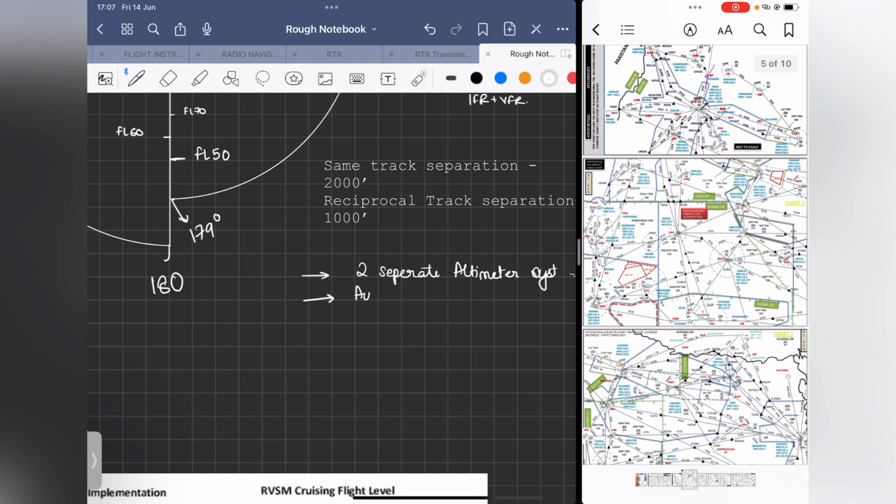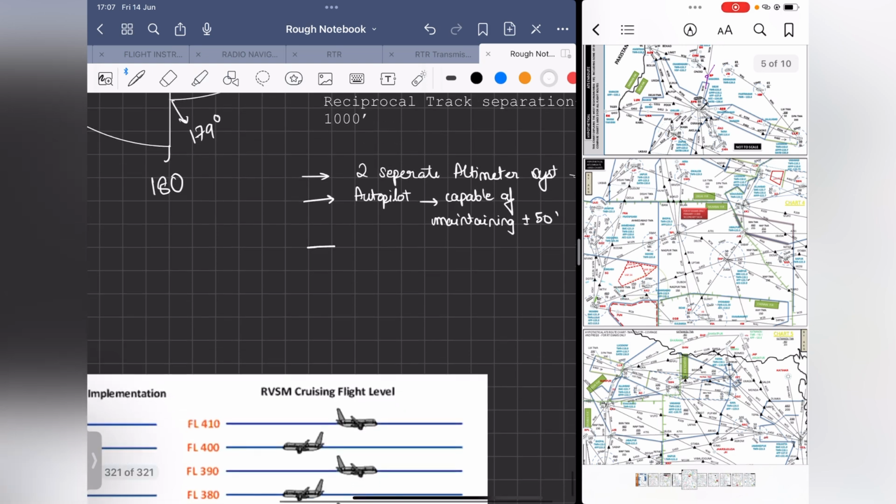Second, you should have an autopilot which is capable of maintaining whatever flight level you've chosen within plus minus 50 feet. Whatever you've directed the autopilot to hold, it should be capable and advanced enough to hold that altitude within a buffer of plus minus 50 feet.